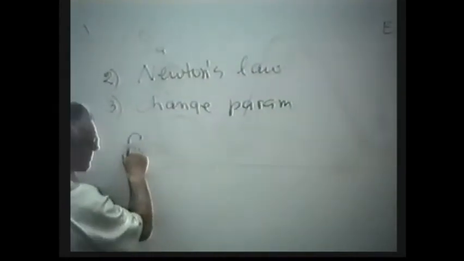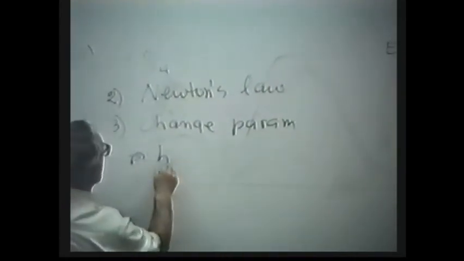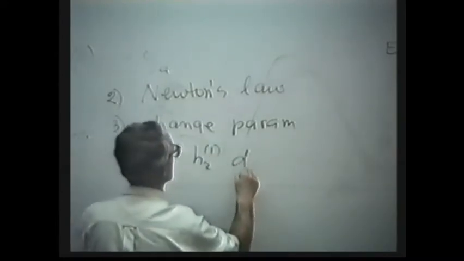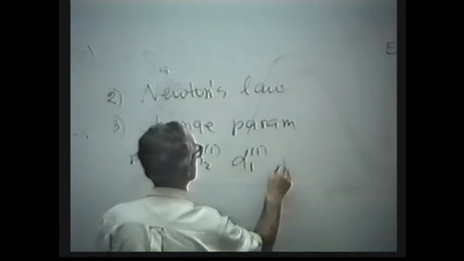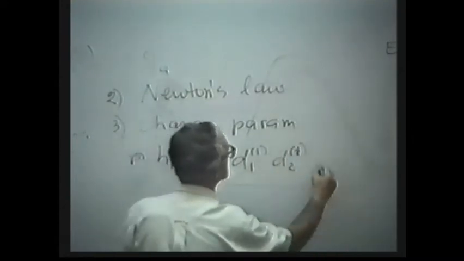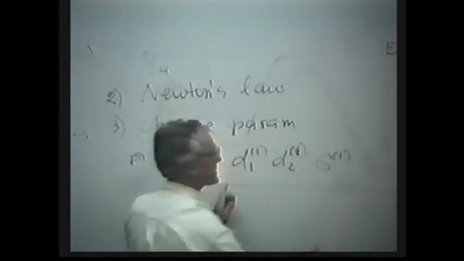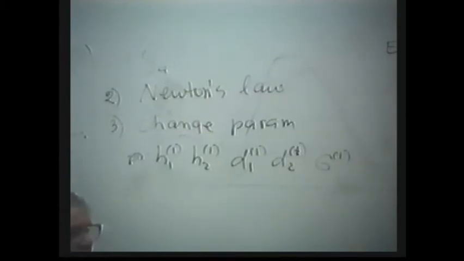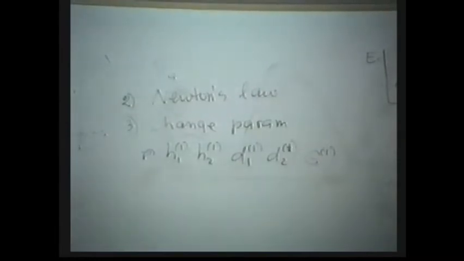And we obtain H11, H21, D11, D21, and sigma 1. Understandable what it is? A new set of parameters. Now tell me please what we have to do next. Oh, that's better.